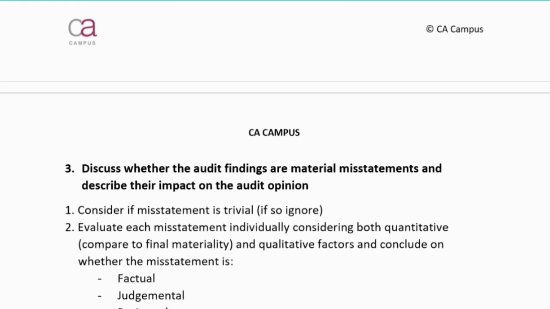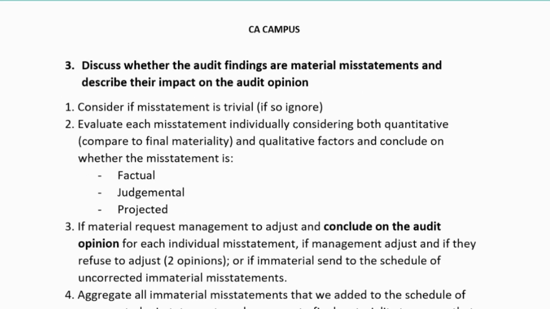The third type of question, same thing. Discuss whether the findings are material misstatements. So you're doing the first step of, do we have a quantitative or qualitative? And then describe their impact on the audit's opinion. So now, as a result of these material misstatements, what opinion are you going to give?